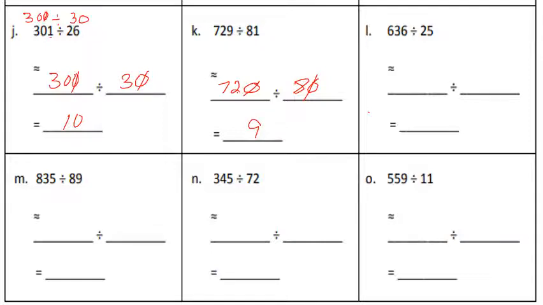Under next one, we have rounded to 30 divided by 63, or 630 divided by 30. Take off our 10s, and I can see the most compatible one, easiest one, would be 60 divided by 3, which is going to give us 20.